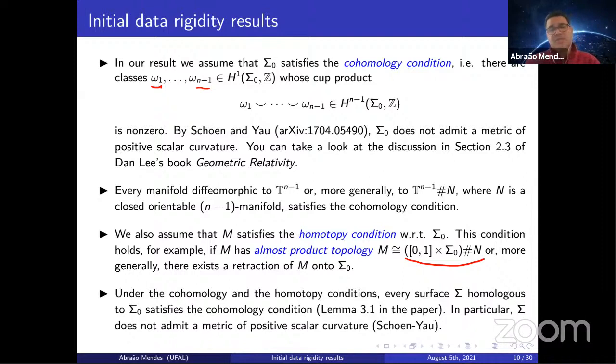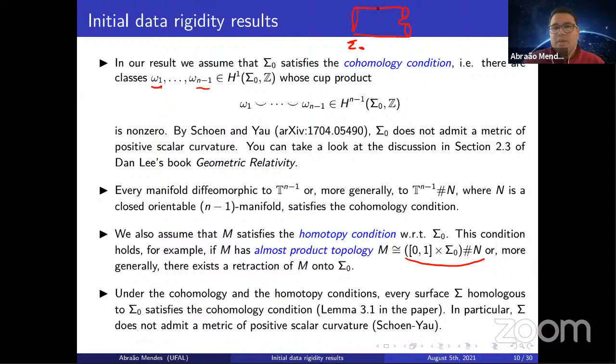But it's important to say that under the cohomology and the homotopic condition, every surface sigma homologous to sigma naught also satisfies the cohomology condition. So in particular, by Schoen and Yau, it doesn't admit a metric of positive scalar curvature. So in our picture, here is one component of the boundary, and the other component must have more than one component.